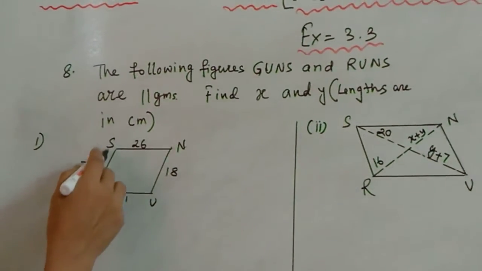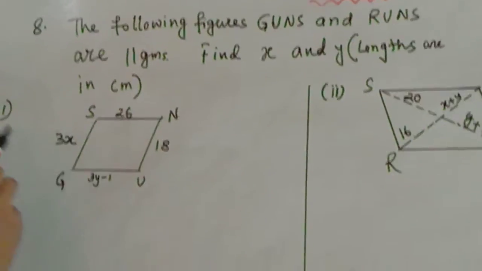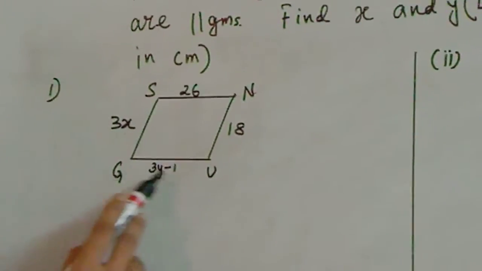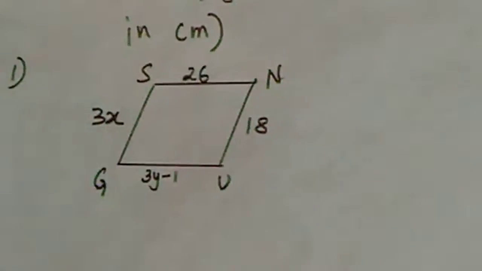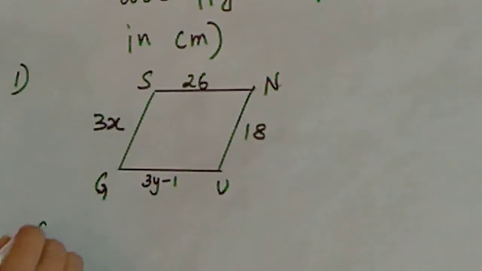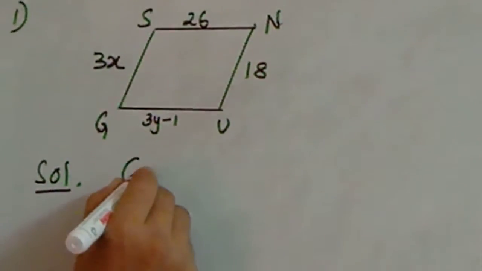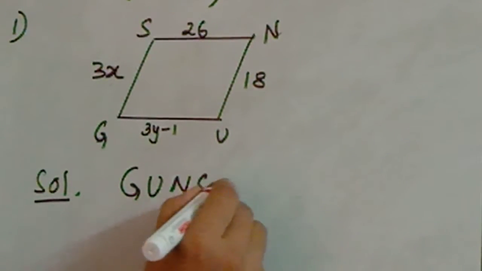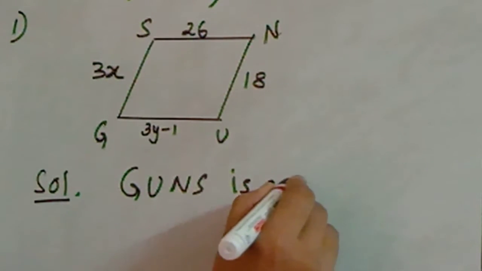Now, in this diagram, come to question number 1. GUNS is a parallelogram and you know that opposite sides are always equal. So, the solution: GUNS is a parallelogram.